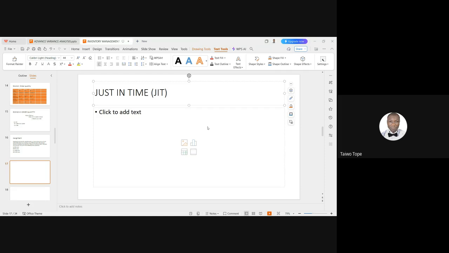So, just in time is a series of manufacturing and supply chain techniques that aim to minimize inventory levels and to improve customer service by manufacturing not only at the exact time customers require, but also in the exact quantities they need and at a competitive price.